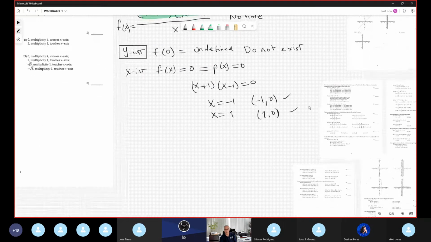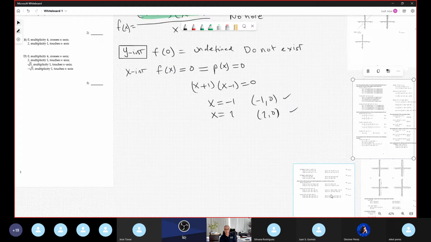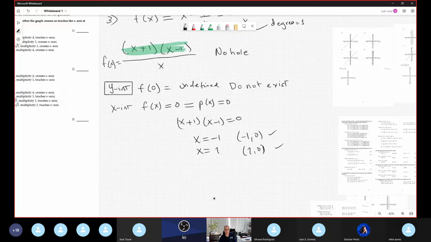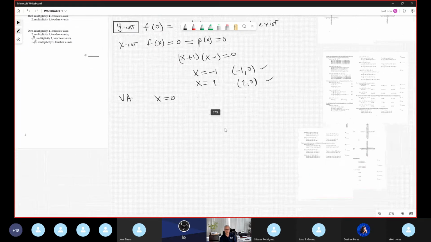After that, well, the next step is the vertical asymptote. And the vertical asymptote, remember, is you take the polynomial, the denominator is this. Now I take this, and you enforce it to be 0. Oh, now I understand why we have no y-intercept. The reason is clear, because this function at x equals 0, we have a vertical asymptote.